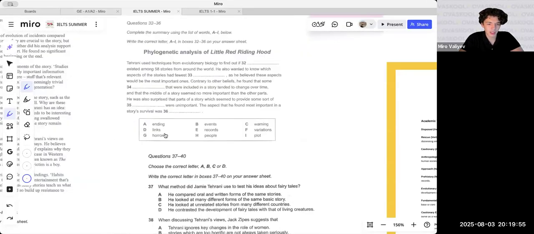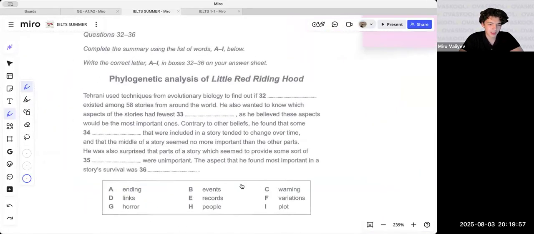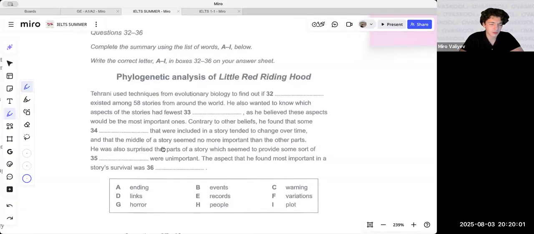Then we have the summary. I love this kind of summaries because if you know grammar well, if you're good with logical thinking, and if you have good reading skills, then you can just put the words without actually reading the whole passage.